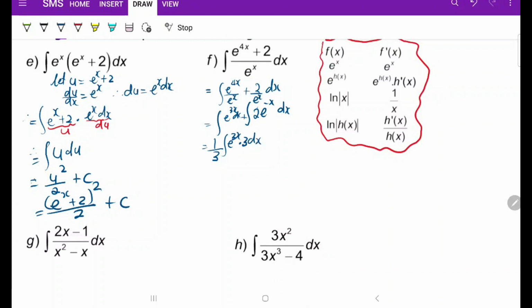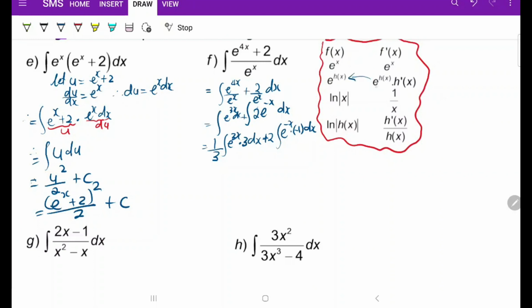That's us just simplifying the question. For the next one, 2 is a constant, and therefore we'll rewrite this as e to the minus x, and multiply by minus 1 dx.